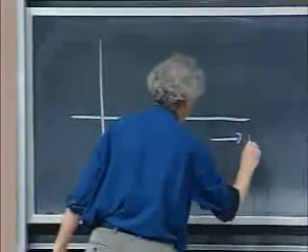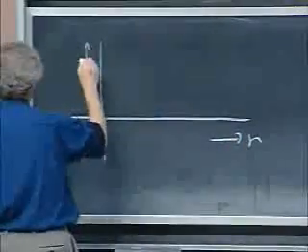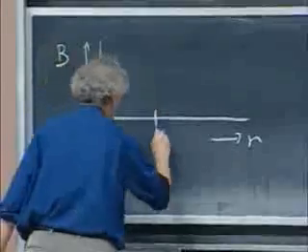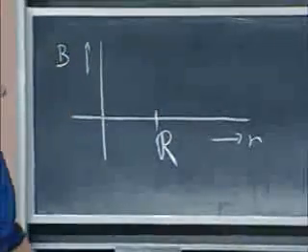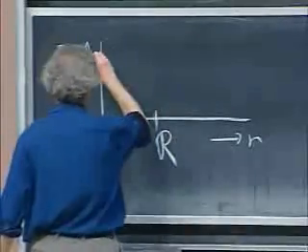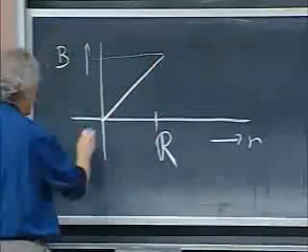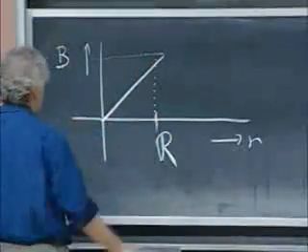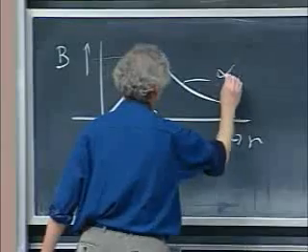Little r, this is the magnetic field, and this is the radius of the capacitor plate. It's going to be a straight line up to that point, and then it will fall off as 1 over little r.